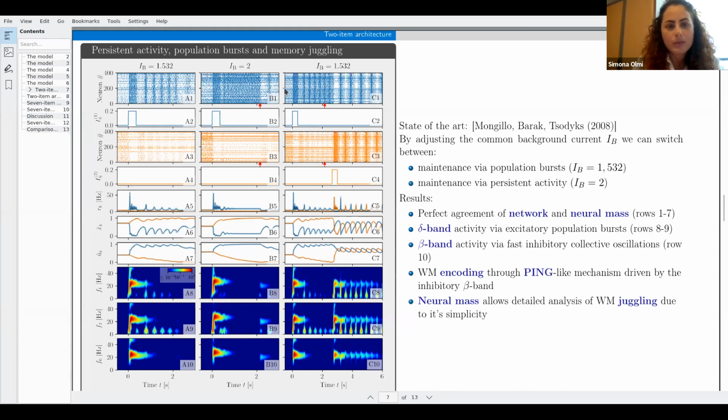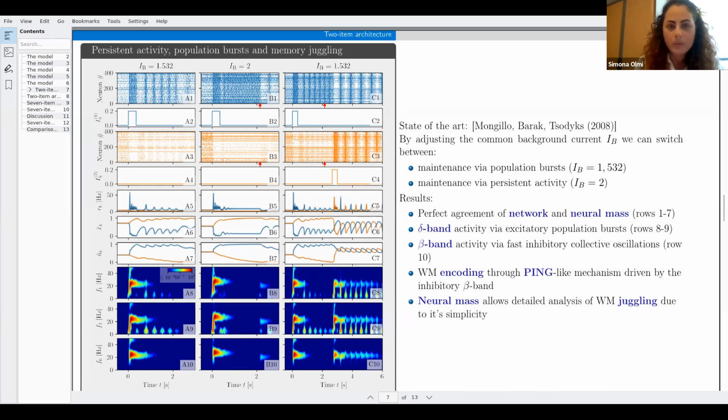In particular, if we stimulate also the second population after the first one, we see that the second population starts giving rise to a population burst, and so two items are memorized and compete, thus giving rise to memory juggling.